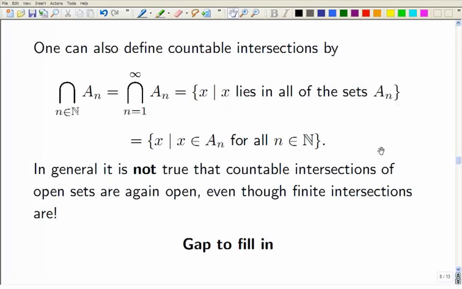Now, people do find this a hard concept to work with, and in fact, some of the examples we're going to look at have given people a lot of trouble in the past. It can be quite tricky to work out which points are in an infinite intersection. And this is one of the reasons why it's a bit odd that if you intersect infinitely many open sets, you sometimes get a set that isn't open anymore.